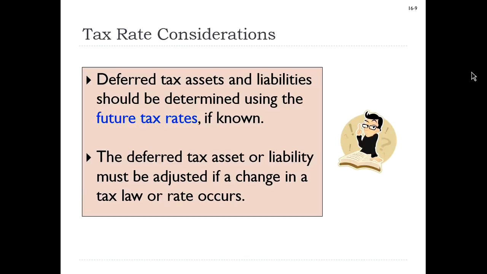We're not going to base calculations on anticipated legislation that would alter the company's tax rate. So in general, we need to look at the current tax rate for that year by looking at the Internal Revenue Code. A conceptual case can be made that expected rate changes should be anticipated when measuring the deferred tax liability or asset.